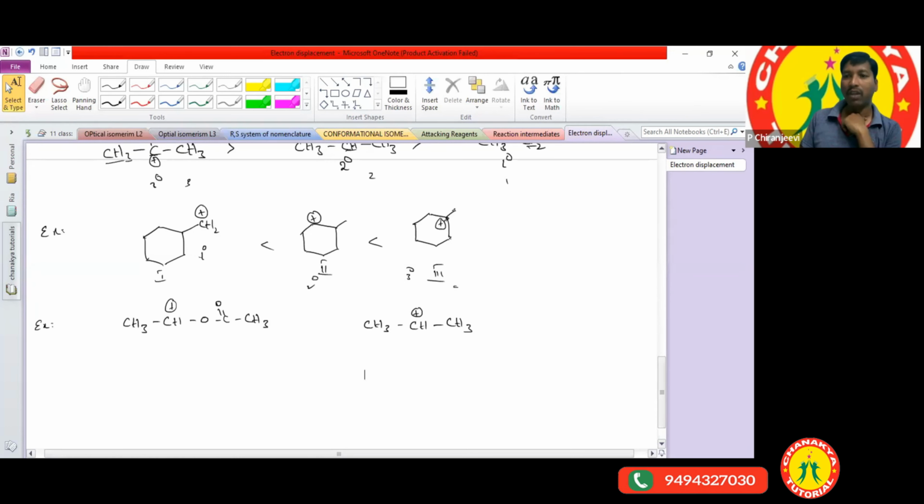Similarly, I had given one more question. Here also a carbocation is there and here also a carbocation is there. If you compare these two, which one is more stable? Two carbocations I wrote.